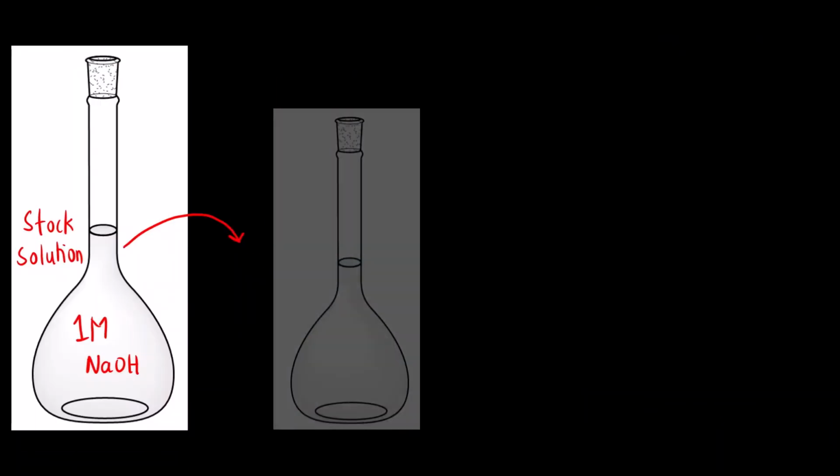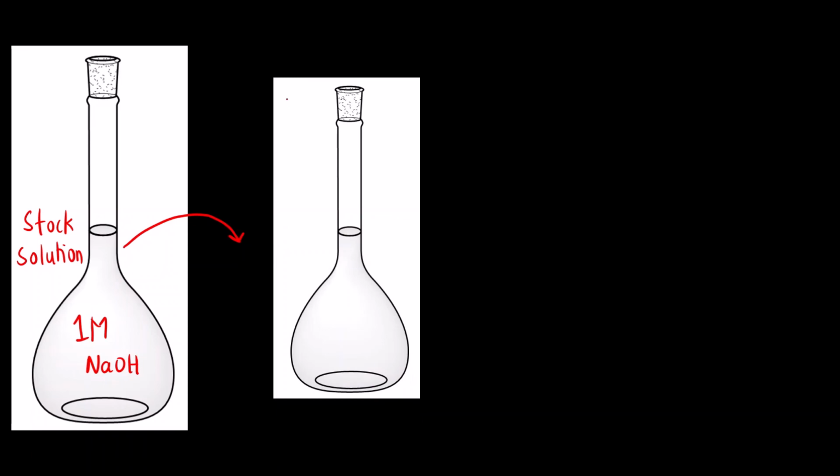So to prepare the first dilute solution, 100 ml of 0.5 molar solution, we will take 50 ml from the stock solution, and then dilute it up to the mark, that is the upper meniscus, with water.